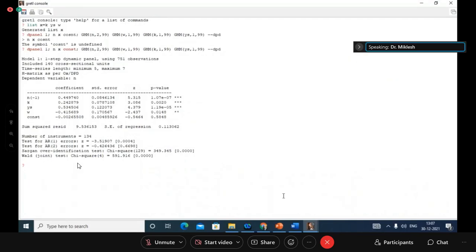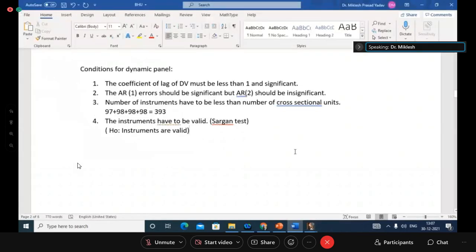I hope you all have understood this till now. Sir, if the number of instruments is greater than the cross-sectional units, we cannot run the dynamic panel?